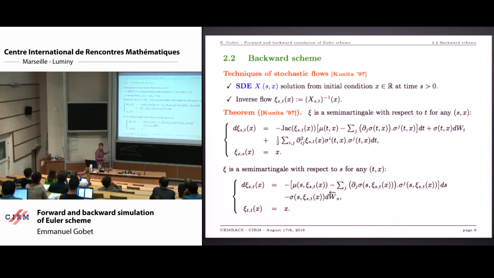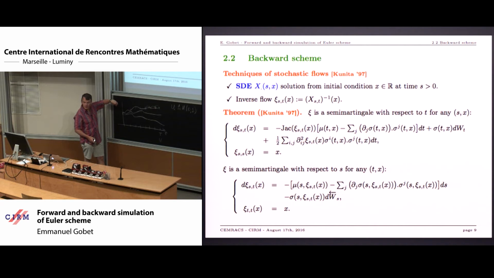So in fact, is this process S increasing or decreasing? S here will be decreasing. And this is the way we want to handle the process: we'd like to revert time. Given a point here, I'd like to go back in time.